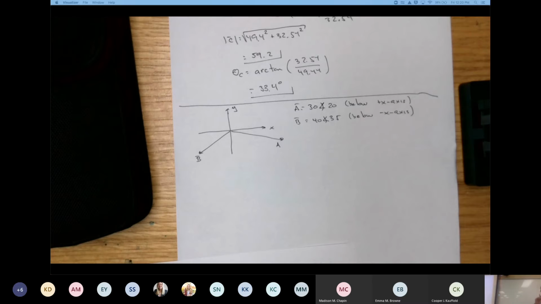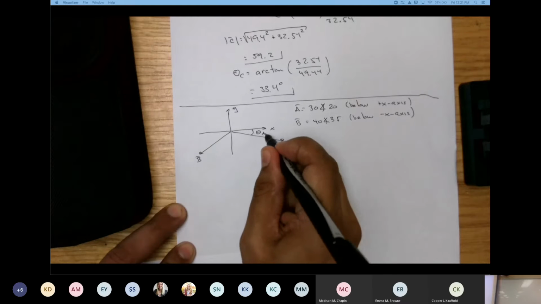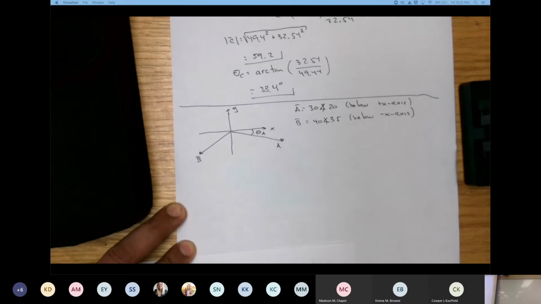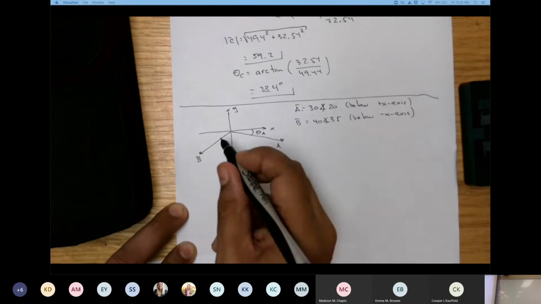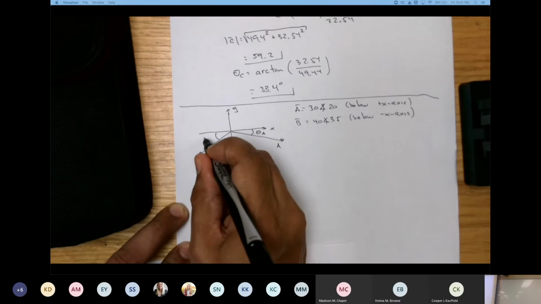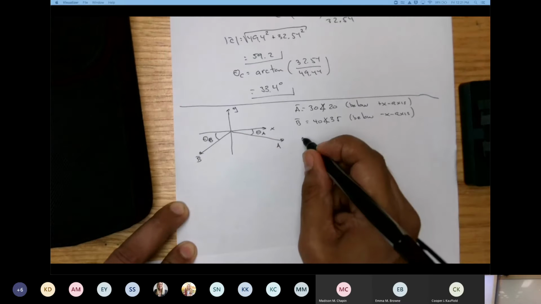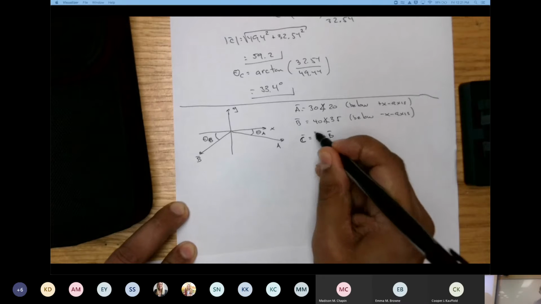But the 20 degrees is 20 degrees below the positive x-axis. So this will be theta A. And for vector B, we have 40 units at 35 degrees below the negative x-axis. So this will be theta B. And again, what I want to calculate is vector C as the sum of the two vectors.